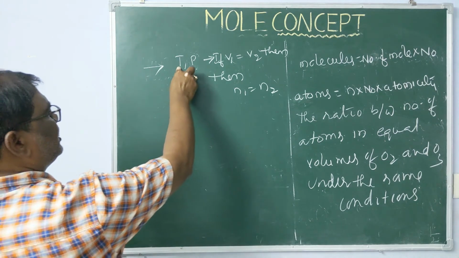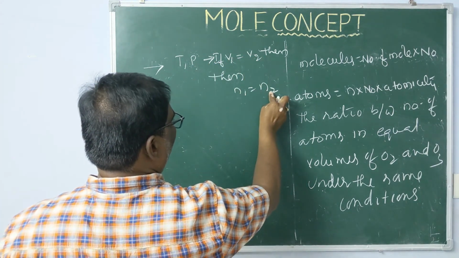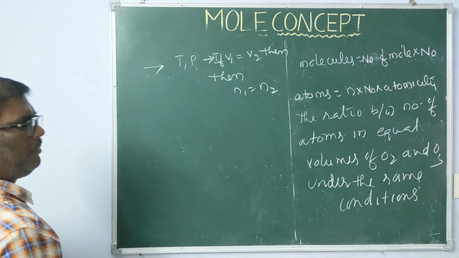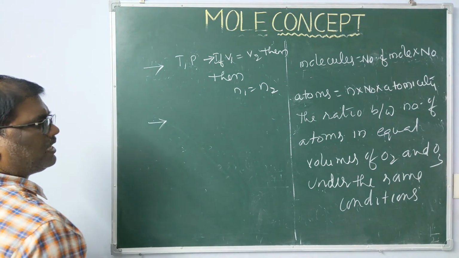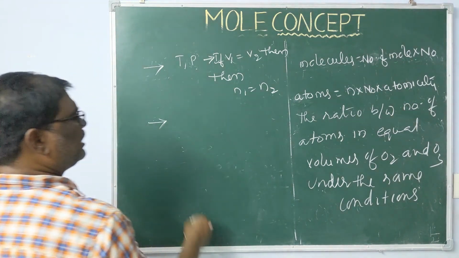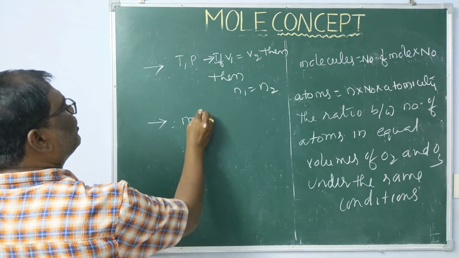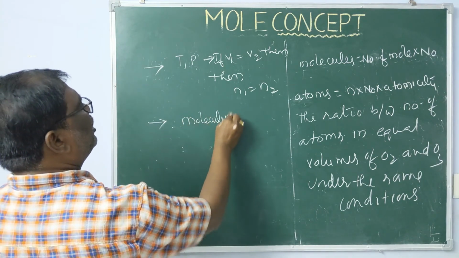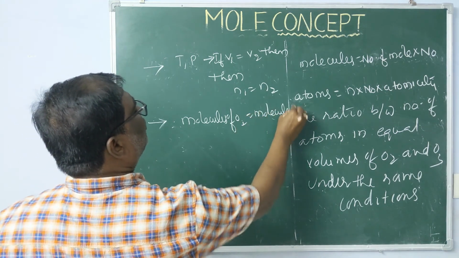At the same conditions of temperature and pressure, if volumes are equal, then the number of moles or molecules are the same. Here, since volumes are the same, therefore molecules of oxygen are equal to molecules of ozone.